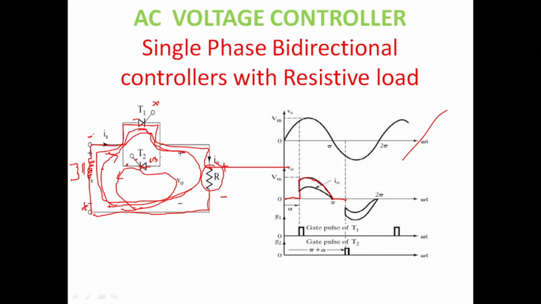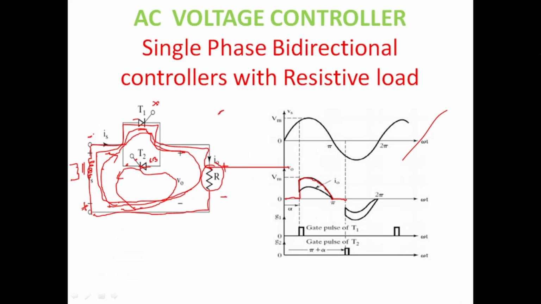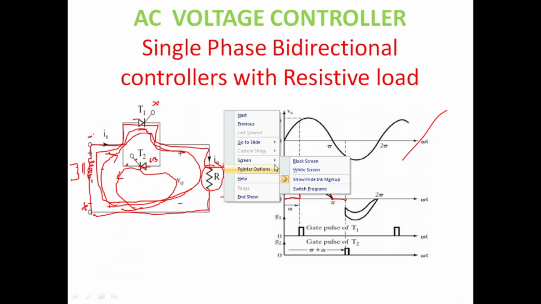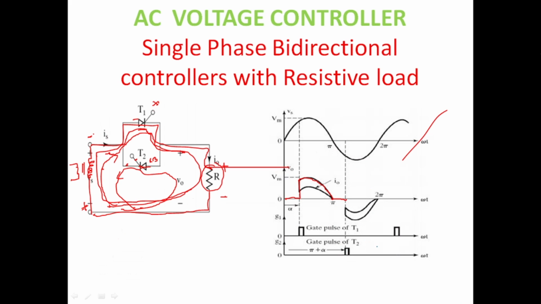So in the negative half cycle, this side is positive and this side is negative, so the current is moving in this way, and in this way.